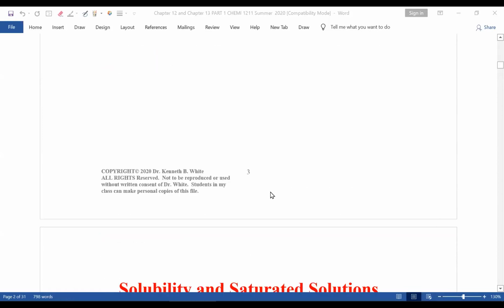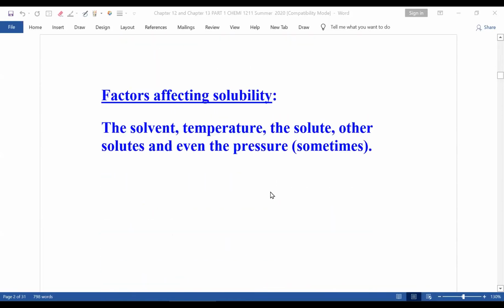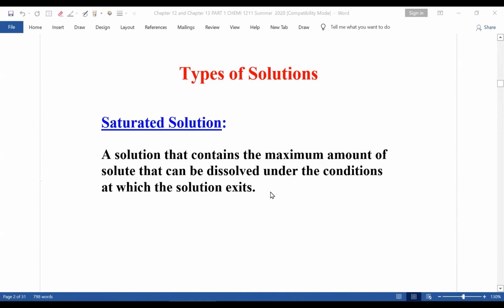And I talked about different solutions, about the solubility factors, types of solutions you should know. Saturated solution, you have the maximum amount of solute dissolved in the solvent. You can't put one molecule more, or guess what? It won't dissolve.